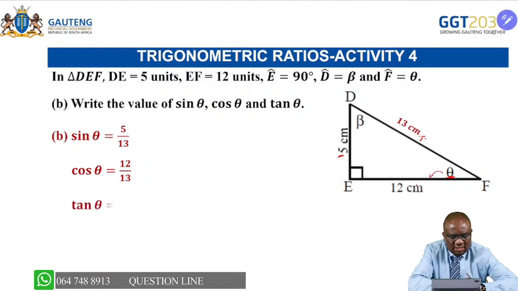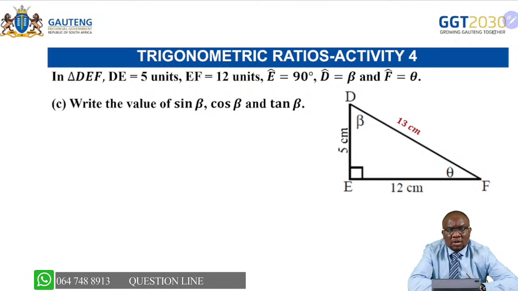And then what is tan theta? Oh, I gave you the answer there. Tan theta is opposite over adjacent. So what is it going to be? It's going to be 5 over 12. Good. Let's go to the next one, for angle beta now.